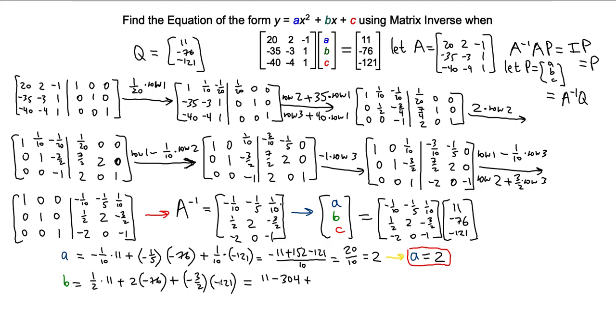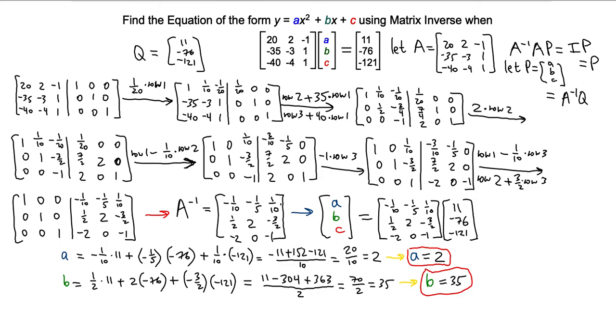So 121 times 3, because we're dealing with positives, is going to be 363. 363 divided by 2. So what we should get is, let's see, 374 minus 304 is going to be 70 divided by 2 is 35. Beautiful. So the B value is 35.